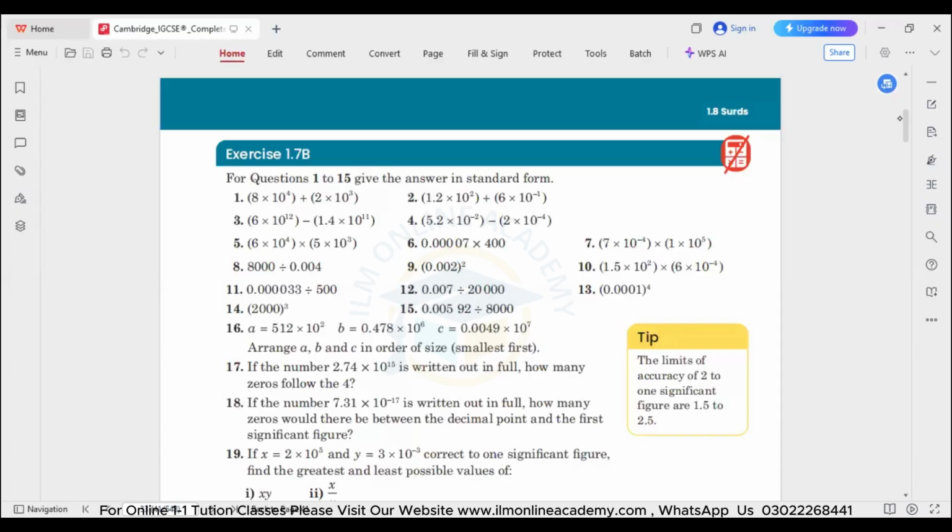So if you just practice that one perfectly first of all, then this exercise will be easier for you. The questions look a bit difficult or a bit long, but they are not if you have a good grip. Okay. So maths is only about understanding and your practice. If you practice more and more, your understanding will also be more and more.